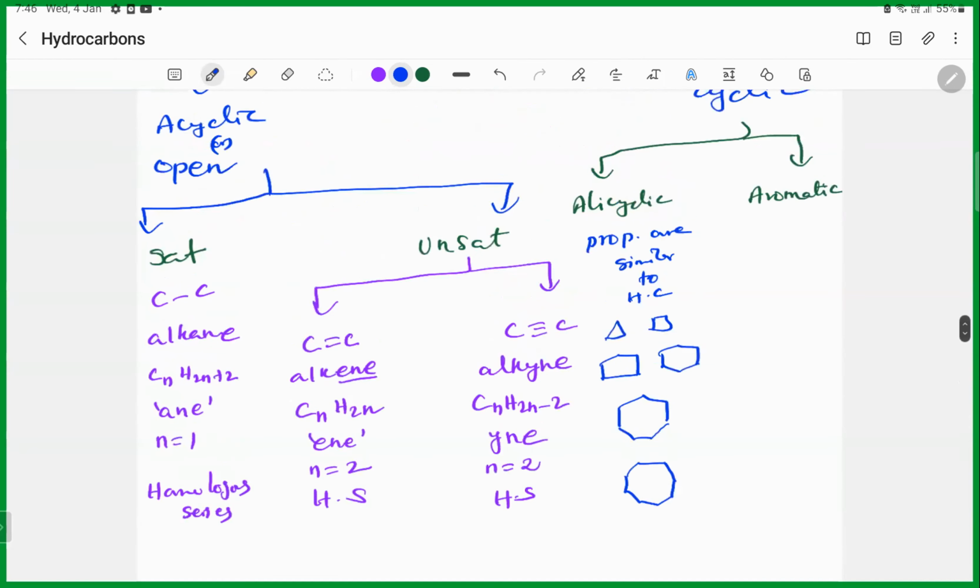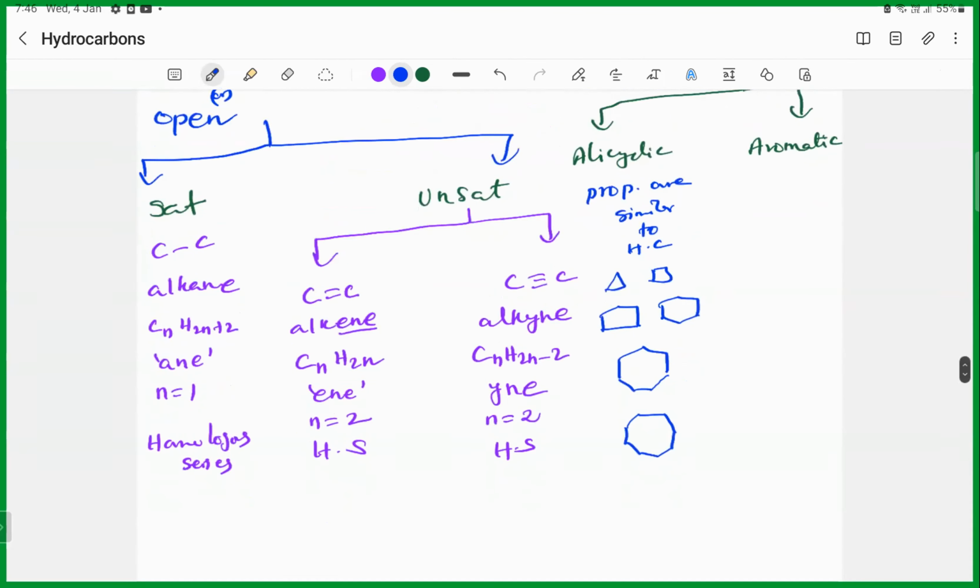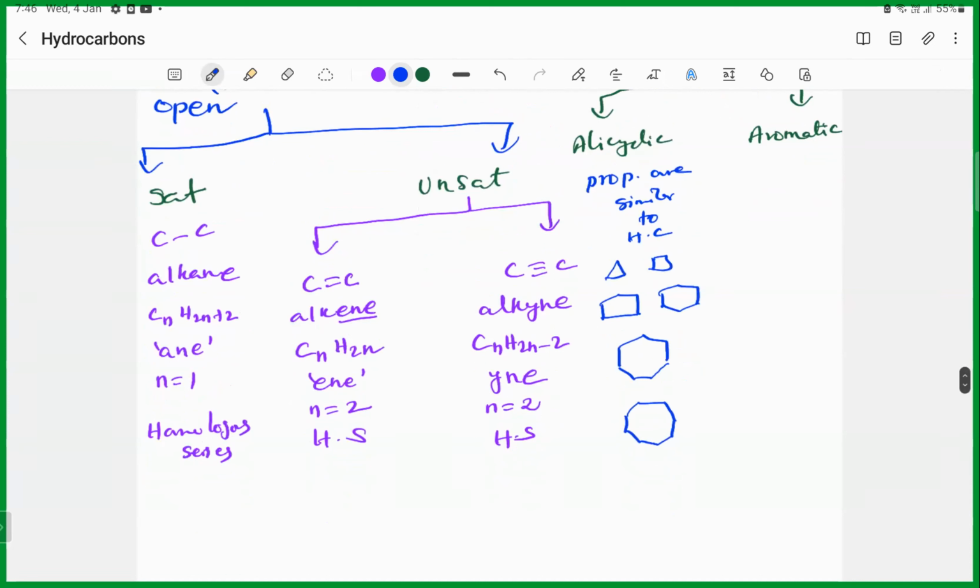And then aromatic compounds. These are hydrocarbons which contain fused rings or isolated benzene rings. These are called aromatic hydrocarbons.